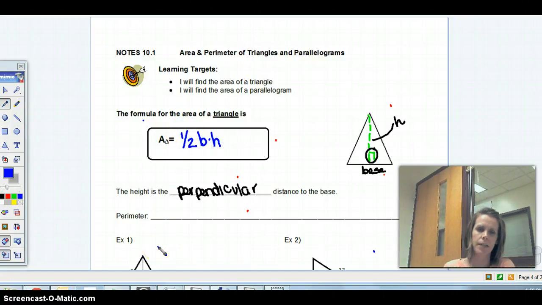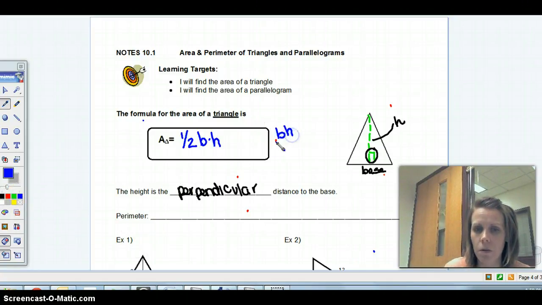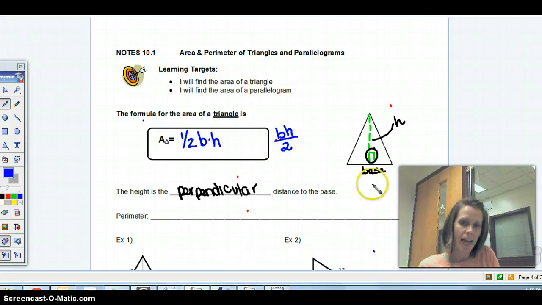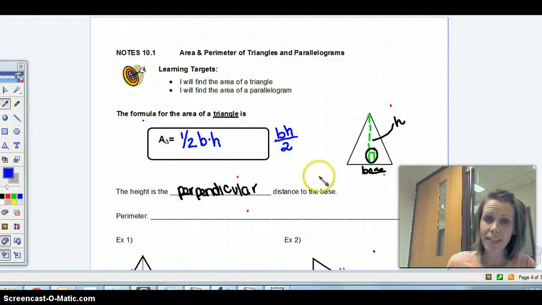Another way to do that, which I don't use, but some people like to do, which would give you the exact same answer, would be to do the base times the height divided by 2. Same answer, but I don't really like that method. It's totally up to you. Okay? Okay, so that's how you find the area of this shape.